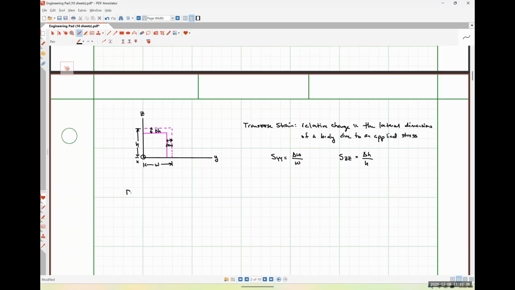So Poisson's ratio says that nu, so that's the Greek letter nu, looks like a V, is going to be negative SYY over SXX, which needs to be equal to negative SZZ over SXX, if we apply a force in the X direction.